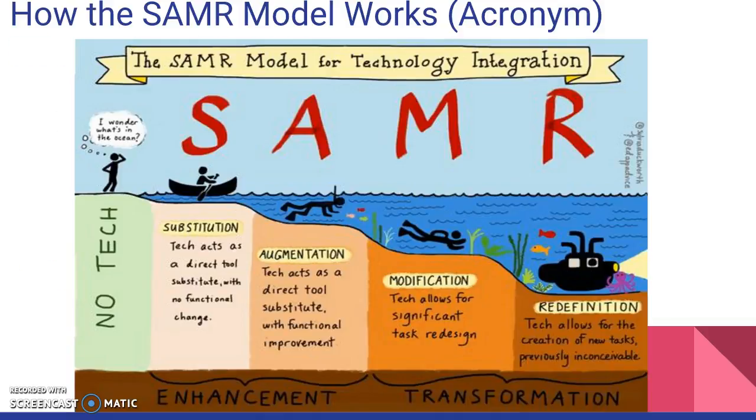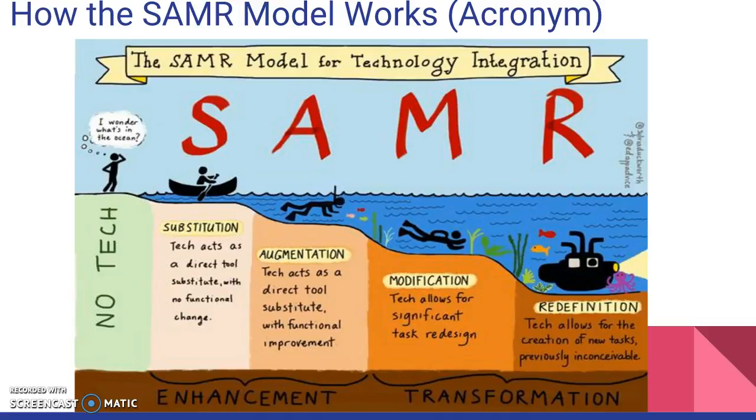How the SAMR model works, of course SAMR being an acronym, I really like this little picture that describes where some people are at, where others are at, and where you'd like to be. You can see on the left it starts, and believe it or not, there are still people that do not use technology in the classroom, but it also shows the steps along the way.